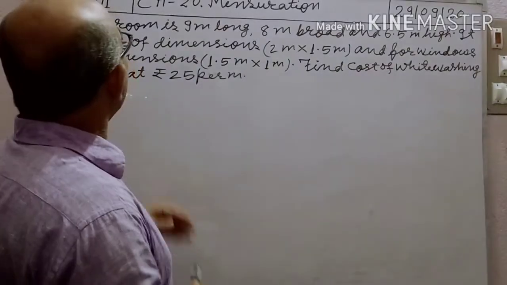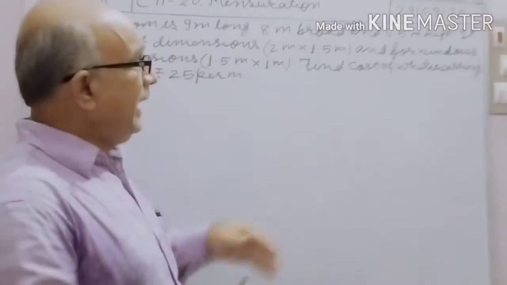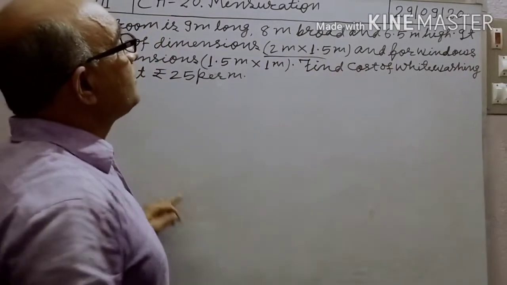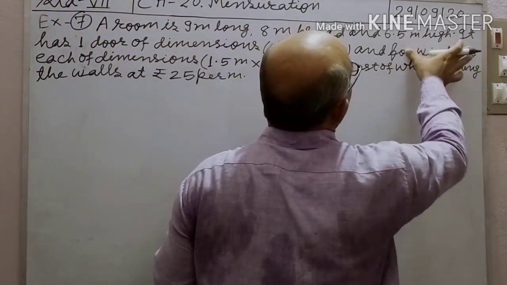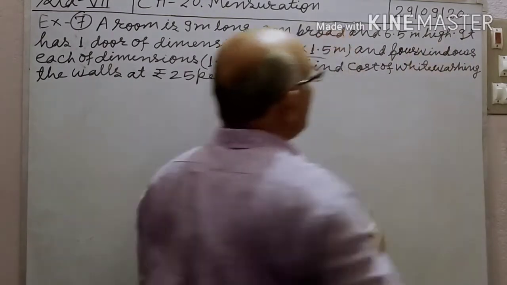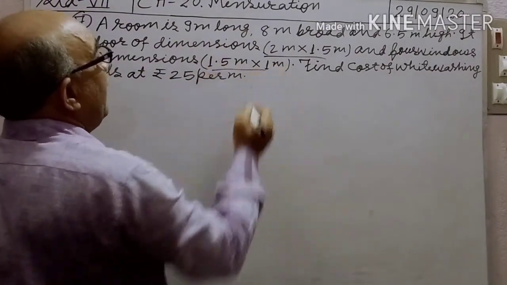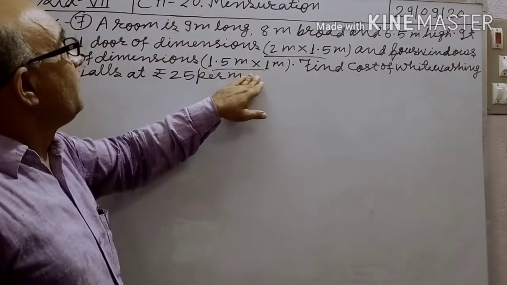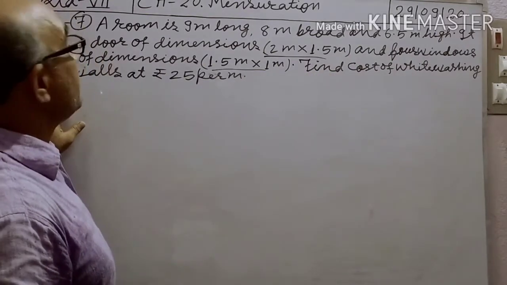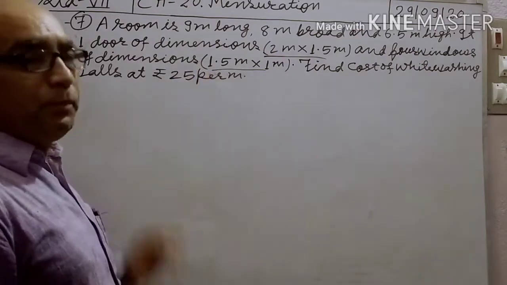It has one door of dimensions 2 meter into 1.5 meter and 4 windows, each of dimensions 1.5 meter into 1 meter. Find the cost of whitewashing the walls at ₹25 per meter.